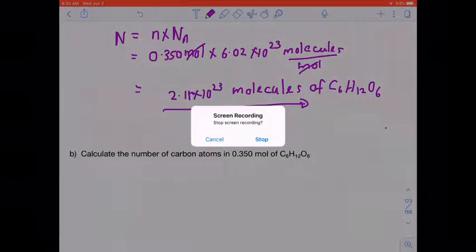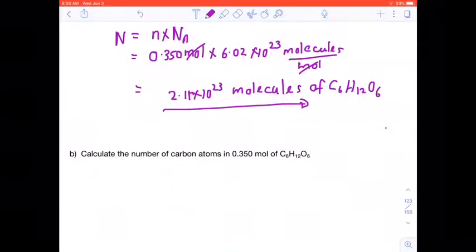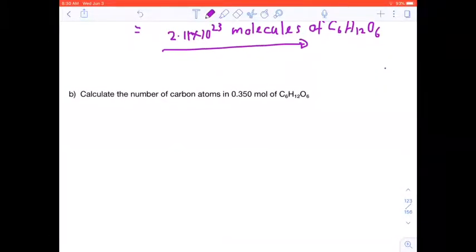Now let's look at the next one. Here, calculate the number of carbon atoms in 0.35 moles of C6H12O6, of sucrose.